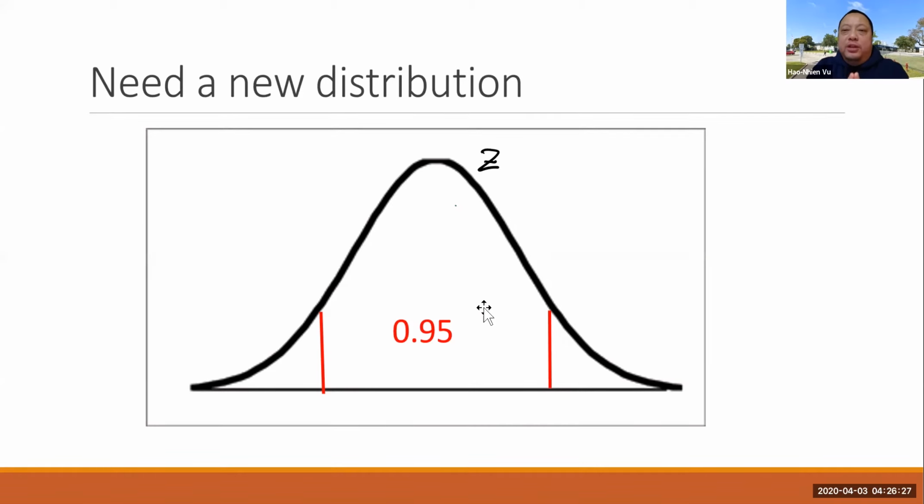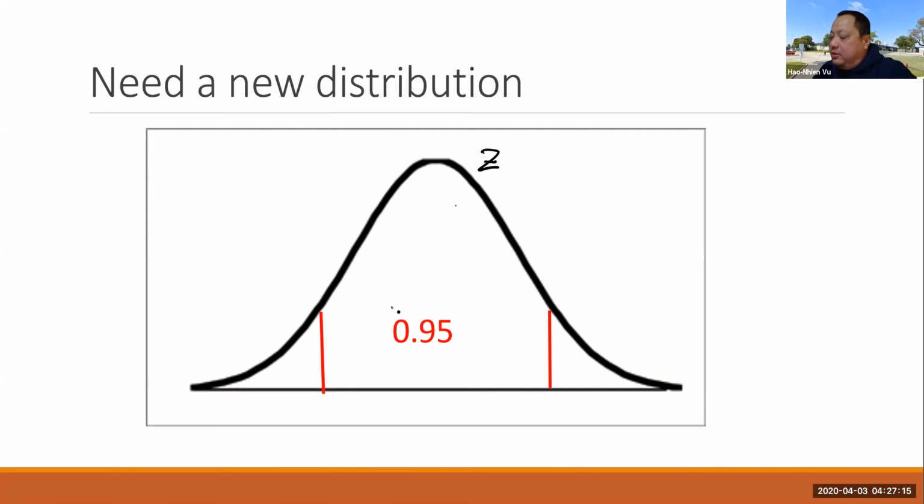If we knew sigma, we would have this distribution of z, the standard normal distribution with a mean of 0, and a 95% confidence level in the middle. But we don't know sigma, and we're substituting S. That means we're introducing more error into this diagram, and more error means less confidence.